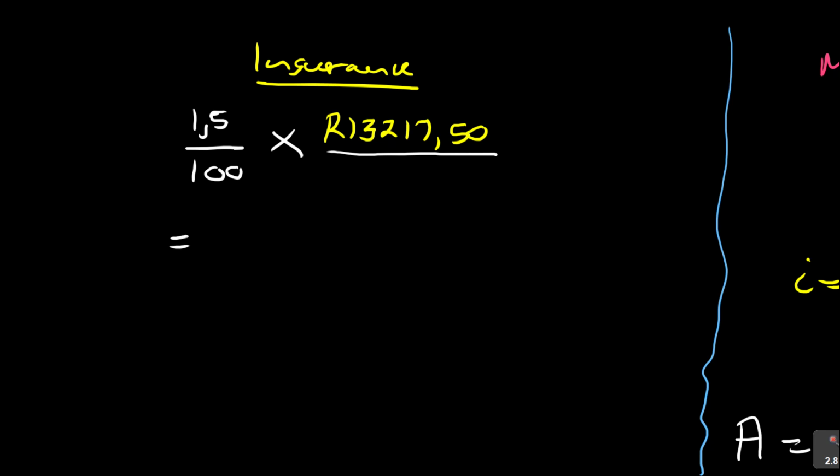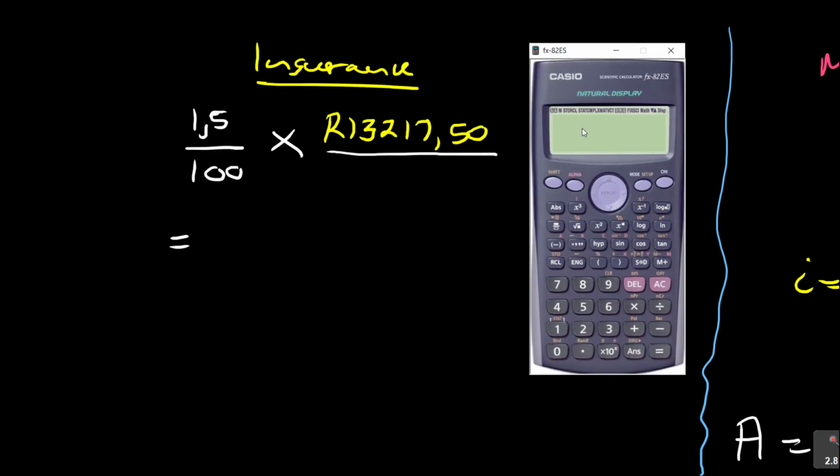So you take a calculator and you say 1.5 over 100, you multiply by 13,217 Rand 50. See that?